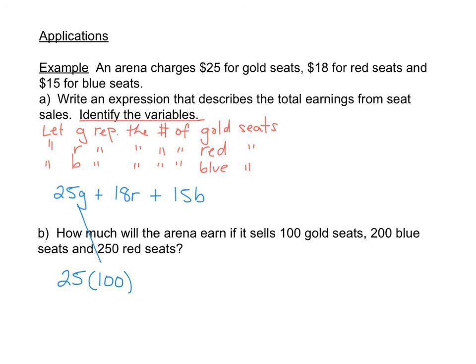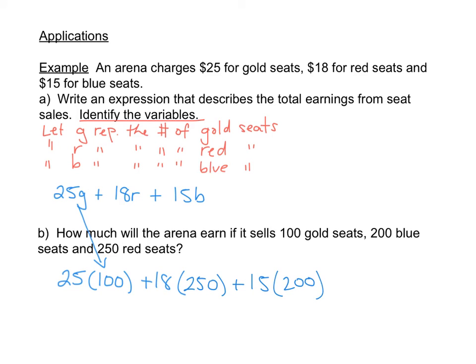Okay, so notice that they are in brackets, and that way I always know that I have done some sort of substitution. It reminds me that I've done that. Also, it lets me know that I've got to multiply it. Plus 18 times R, and R represents our red seats, as I can see right over here. So we're going to put in there 250 plus 15 times blue seats, which are going to be 200.